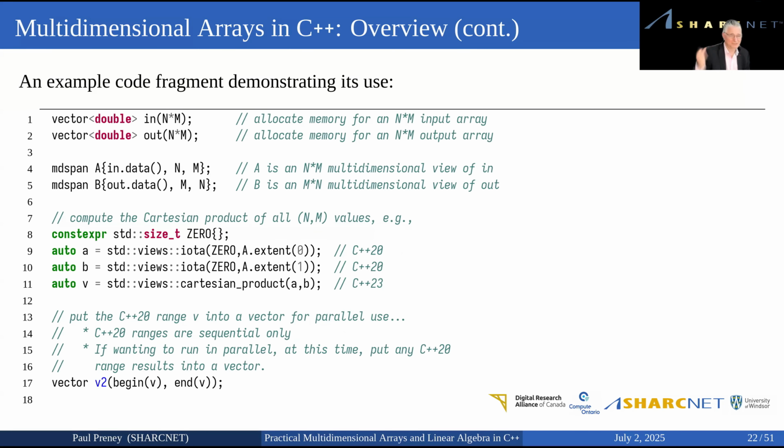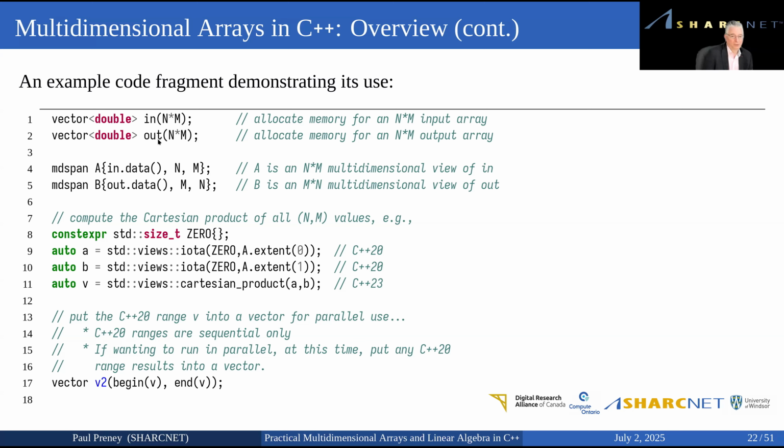So, enough of that. How would you go about using it? Okay, so you probably already have some sort of vector or object that holds your data. So, vector double, we'll just declare a vector double of n times m, where n and m are integers, whatever size they are, okay? And I just want to fill my vector with it, okay?